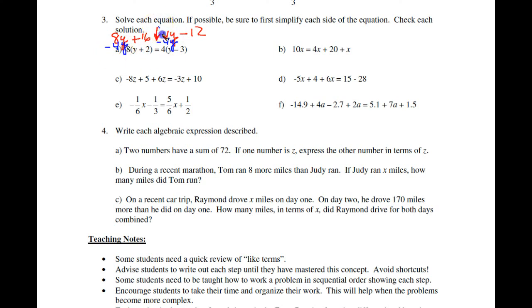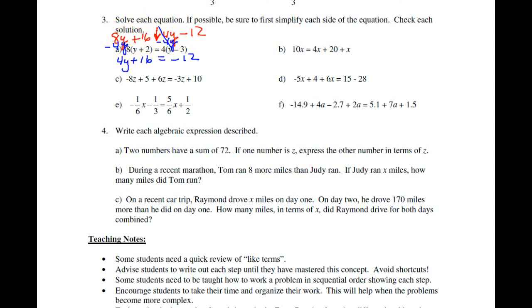So this becomes a 0. This becomes then 4y plus 16 equals a negative 12. So I eliminated the parentheses, and then now I'm starting to get all of the letters on one side and numbers on the other.